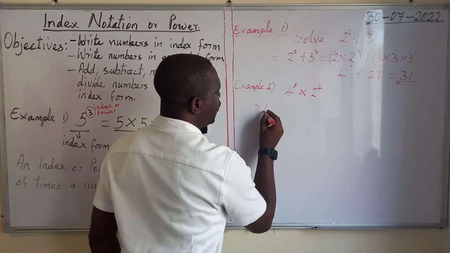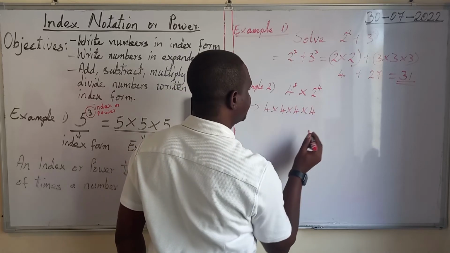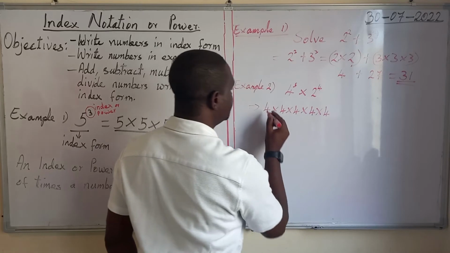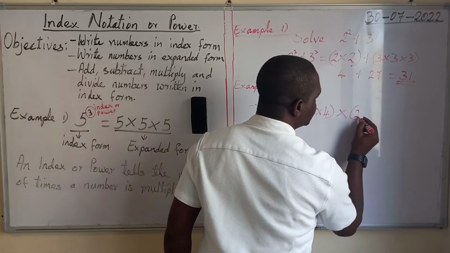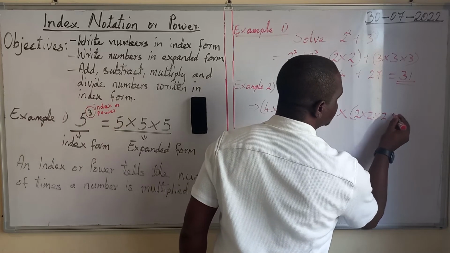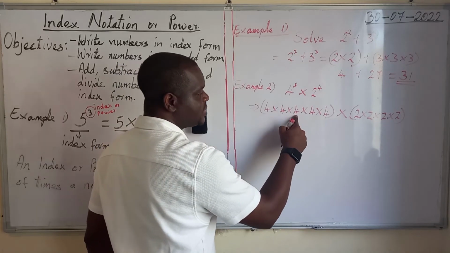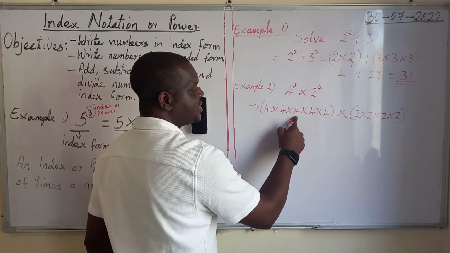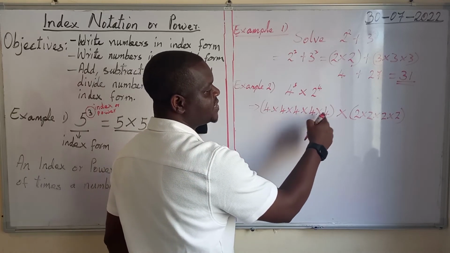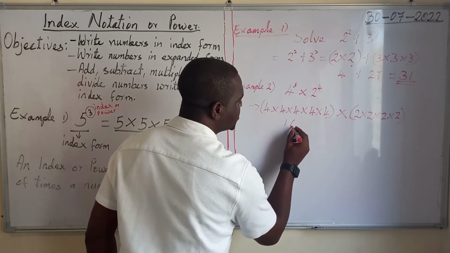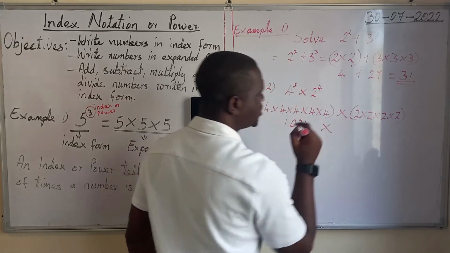That is 4 times 4 times 4 times 4 times 4, all in brackets, times, open another bracket, 2 times 2 times 2 times 2. 4 times 4 is 16. 16 times 4 is 64. 64 times 4 will give us 256. And 256 times 4 will give 1024.